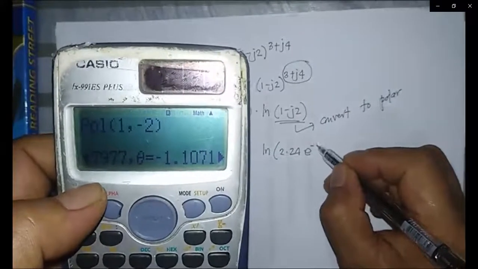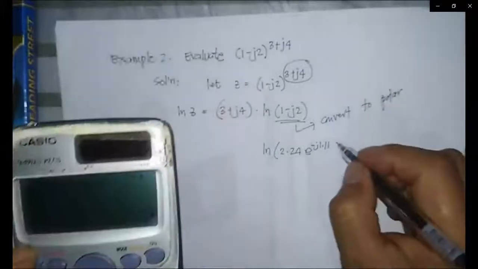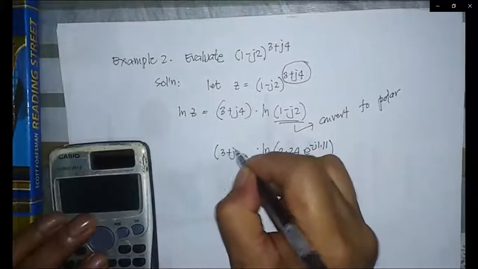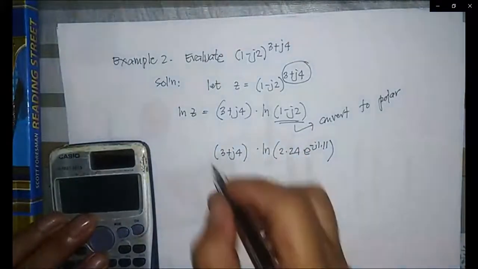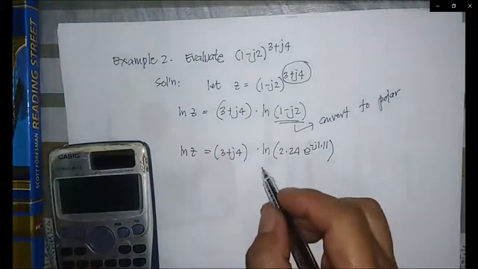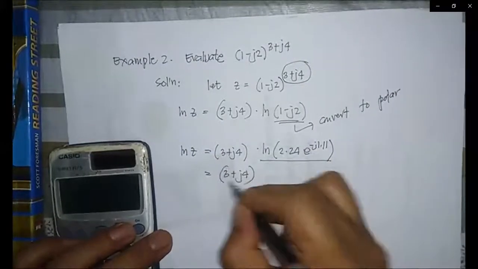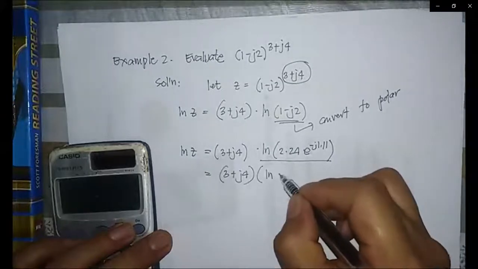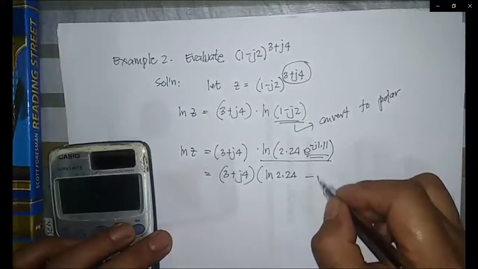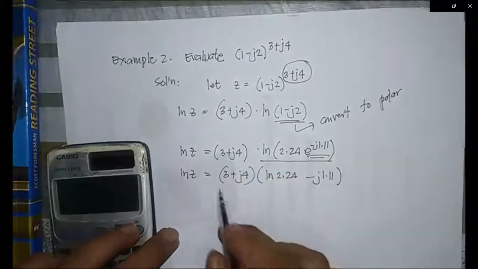E raised to minus j 1.11, multiplied by 3 plus j4. Take note, for the ln part, we can still expand that. Expand ln, that will become the sum of ln 2.24, and then the exponent will be multiplied by ln of e. Since ln of e is 1, the result will be negative j 1.11.